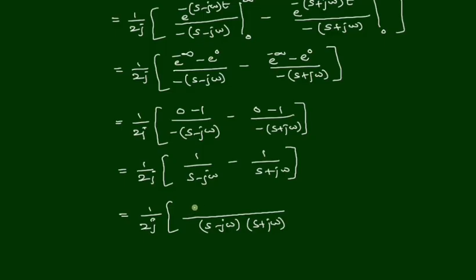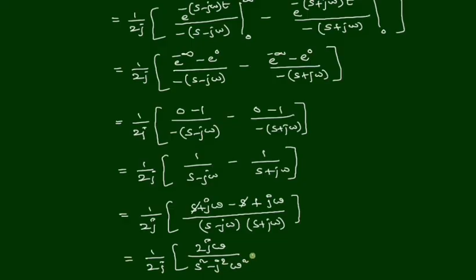The first term is s plus j omega minus s plus j omega. So here plus s minus s get cancelled and plus j omega, the twice of j omega divided by s square minus j square omega square.